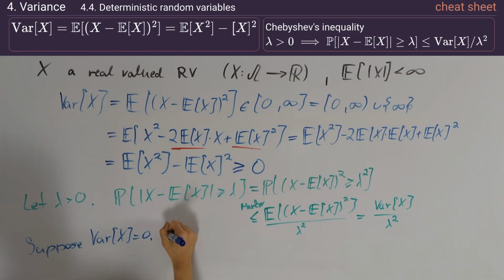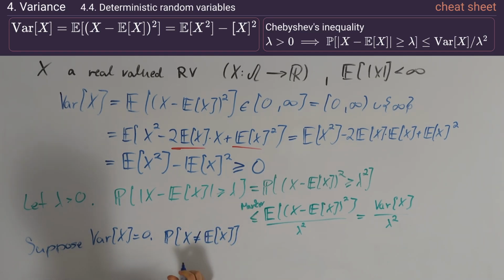Then we want to prove that the probability that X is equal to its expectation is 1. Equivalently, we wish to prove that the probability that X is not its expectation is 0. This event can be rewritten as the union over n going from 1 to infinity of the event that X deviates from its expectation by at least 1 over n.